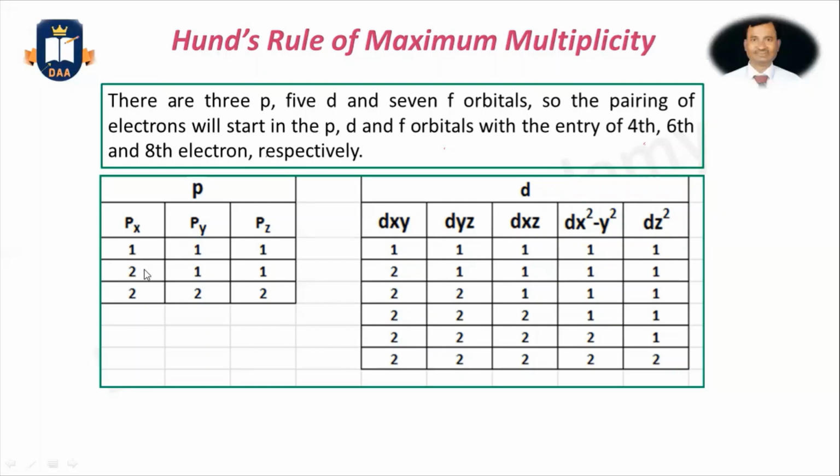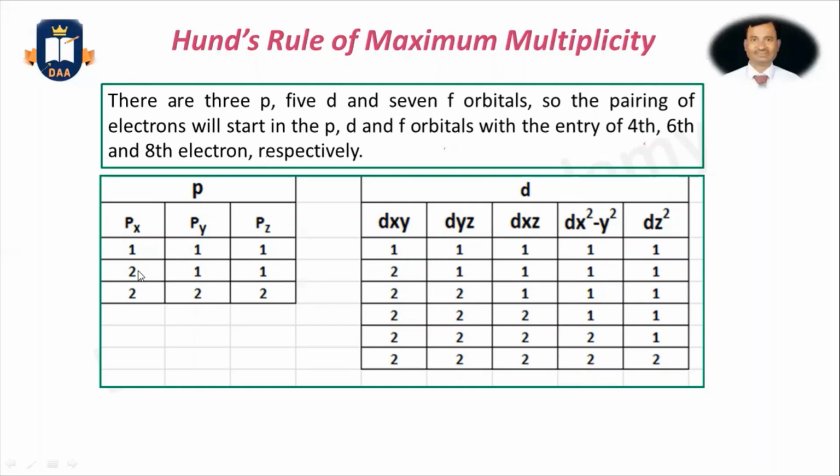So in the p subshell, the first three electrons will be unpaired in each orbital px, py, pz, and if a fourth electron is added, one orbital, in this case px, will be paired.